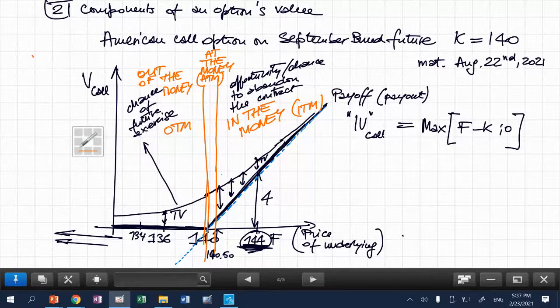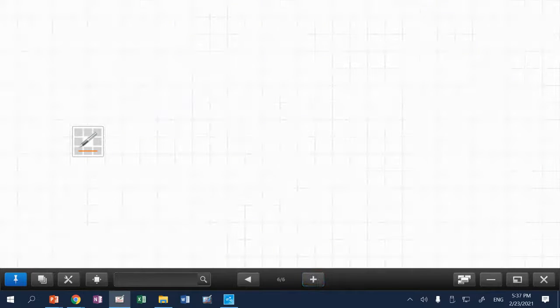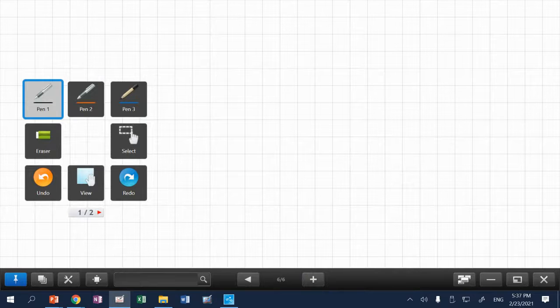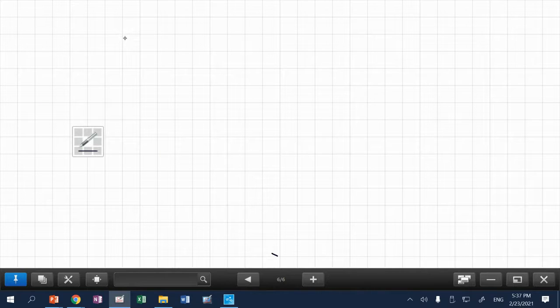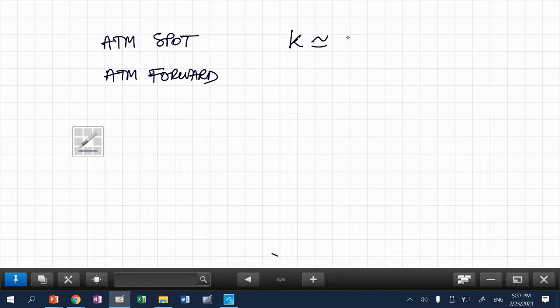As an extra component in terminology, just to make sure you understand all the typical expressions, of course, when you talk about the price, sometimes you have the spot price, sometimes the forward price. Technically speaking, you can distinguish being at the money spot or at the money forward, in the sense that an option is at the money spot when the strike is close to the spot price.